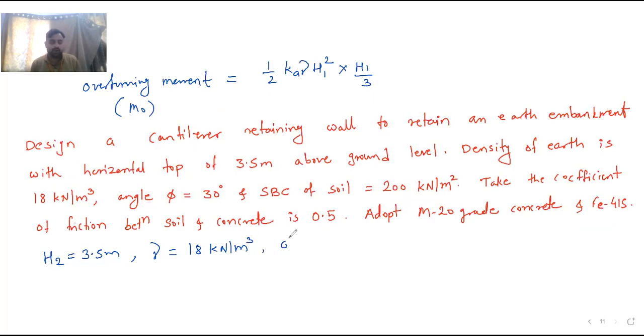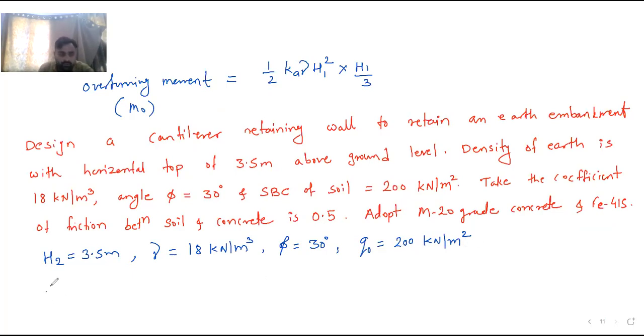Then what is given? Phi, it is 30 degree. Then Q0, safe bearing capacity, is 200 kilonewton per meter square.